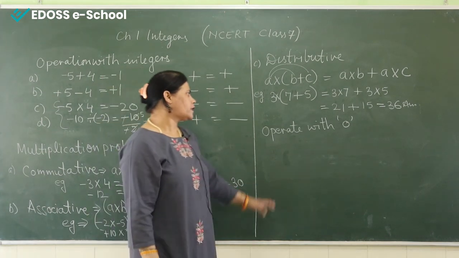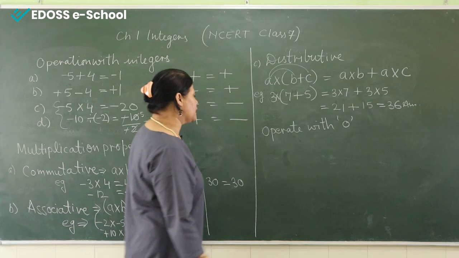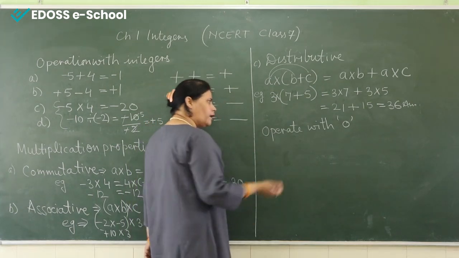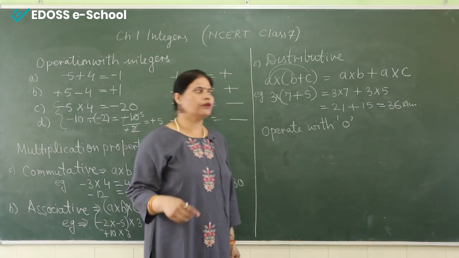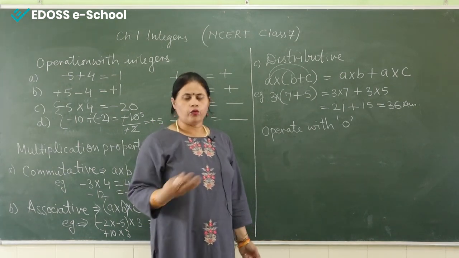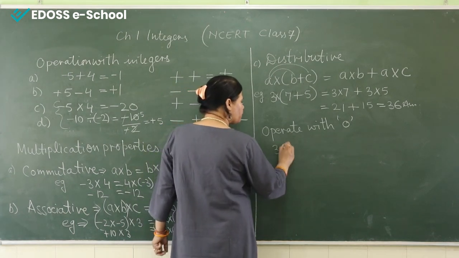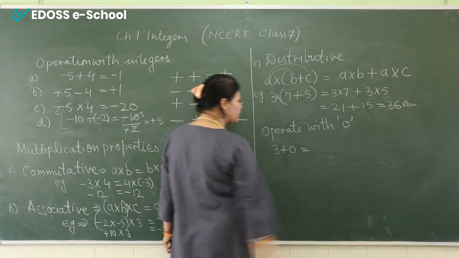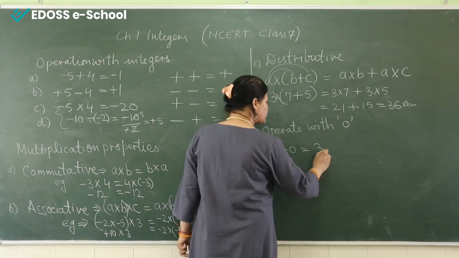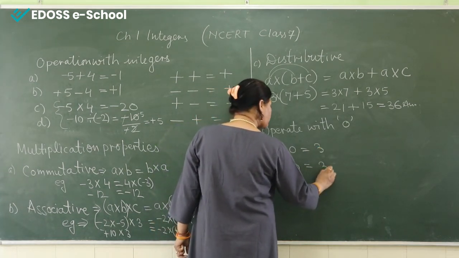Now come to the next, operations with 0. Operating with 0 means when we add the number, subtract the number, multiply the number, or divide the number, what answer we will get. So here it is, when we do 3 plus 0, when we add these two numbers, the answer is 3. When we subtract this 0, the answer is 3.